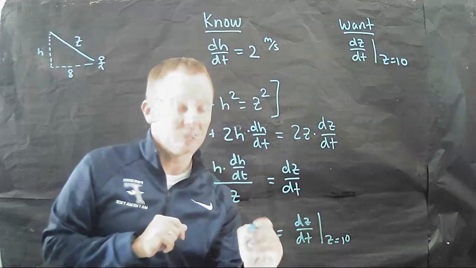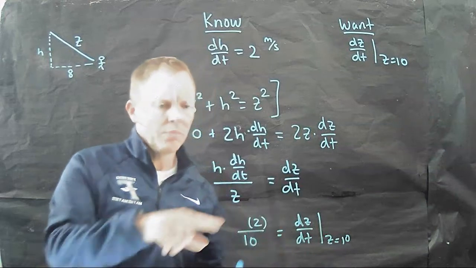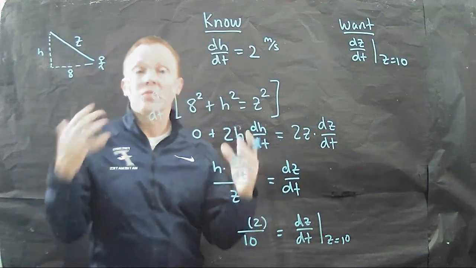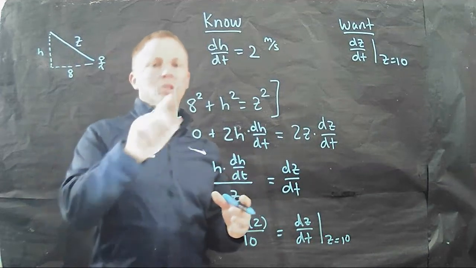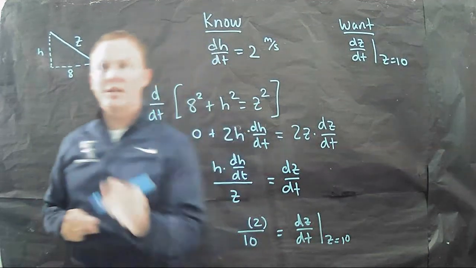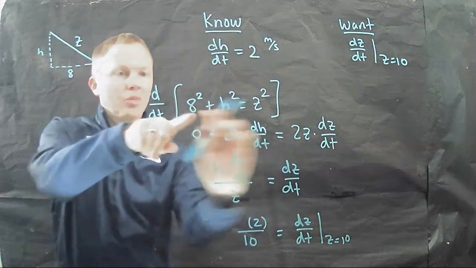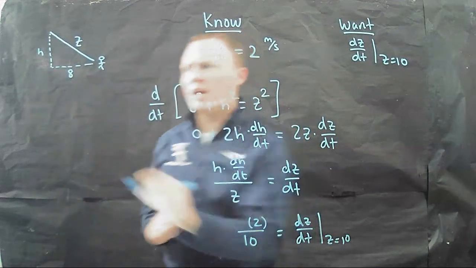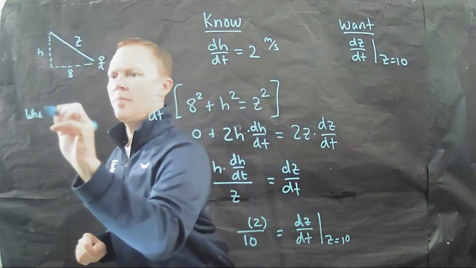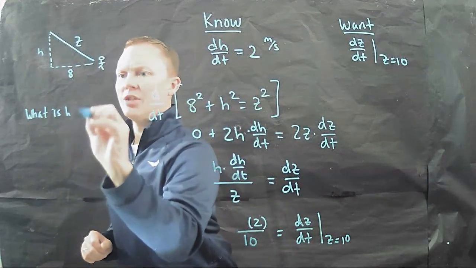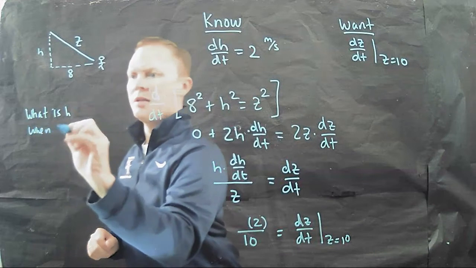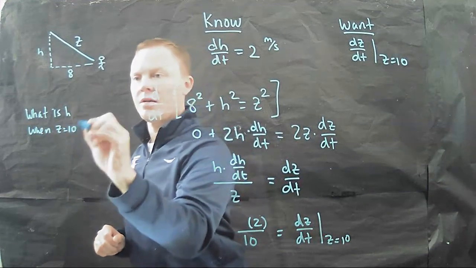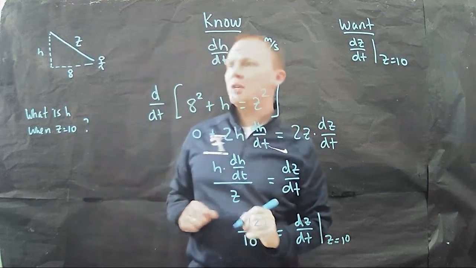I know dh dt is a constant 2, but what am I going to plug in for h? There's a relationship between h and z. So you've got to go back to your original relationship, or go back to your picture and say, what is h when z equals 10?